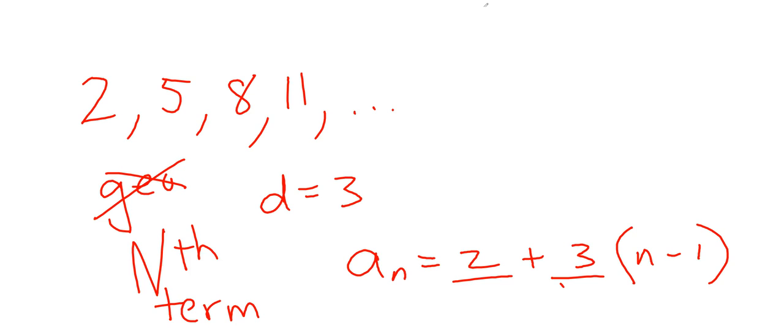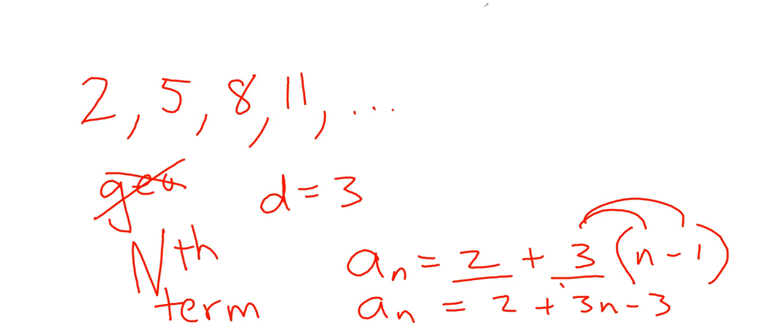Does your teacher require that you distribute the 3 and add? I don't require the kids to do that because I think it's kind of pointless, but if that's what she wants, then that's what she's going to get. So you distributed the 3 and get negative 1 plus 3n, so 3n minus 1.